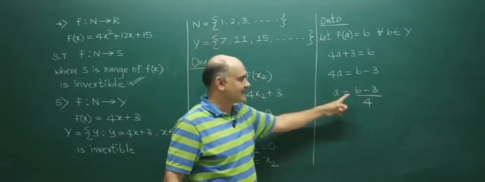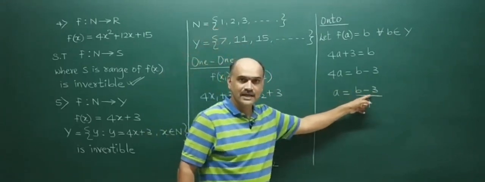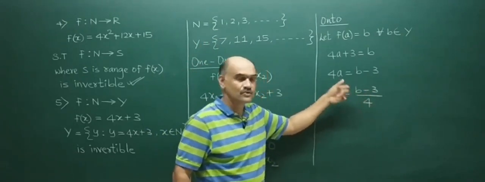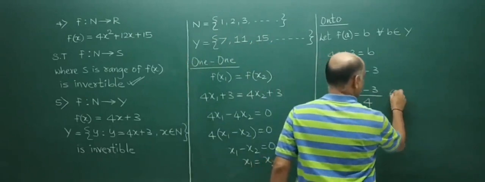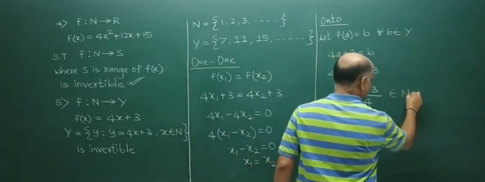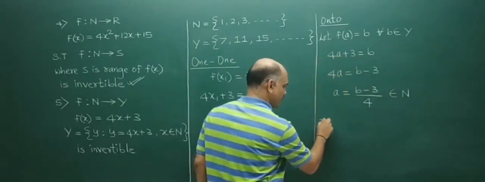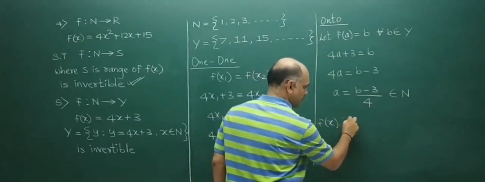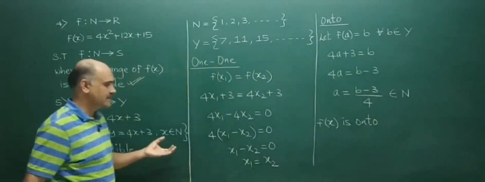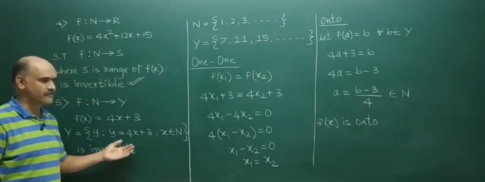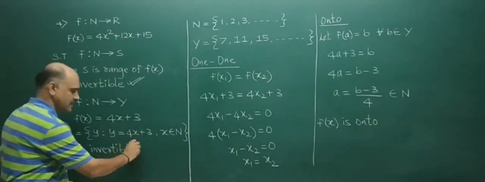If you take 11, 11 minus 3, 8, 8 by 4 is 2. So you will be getting all natural numbers. So this a will belong to N. Therefore f of x is onto. So you can say that it is invertible. Therefore given function is invertible.